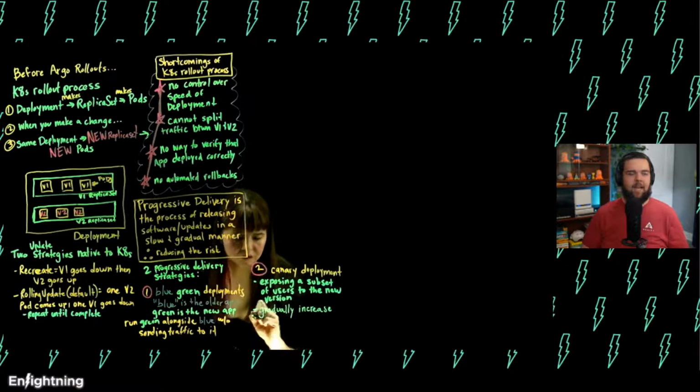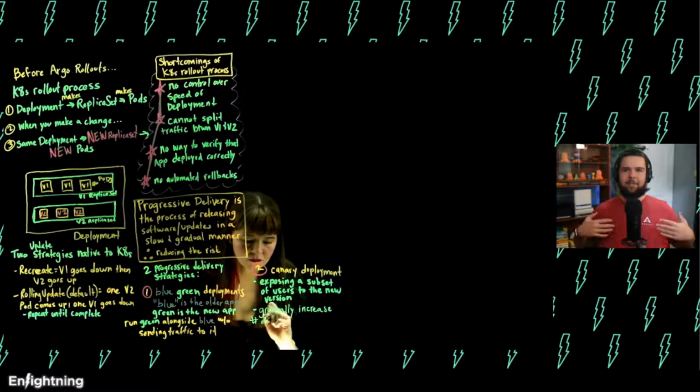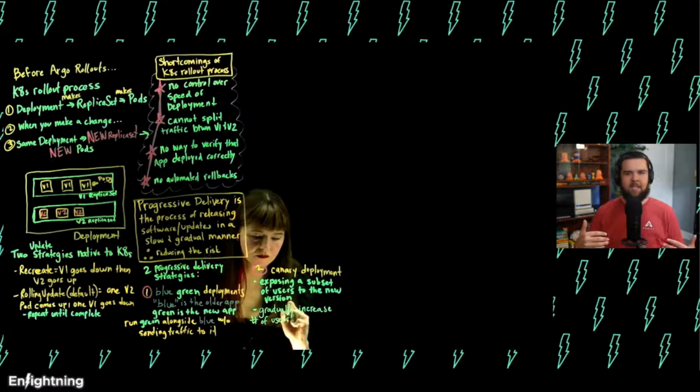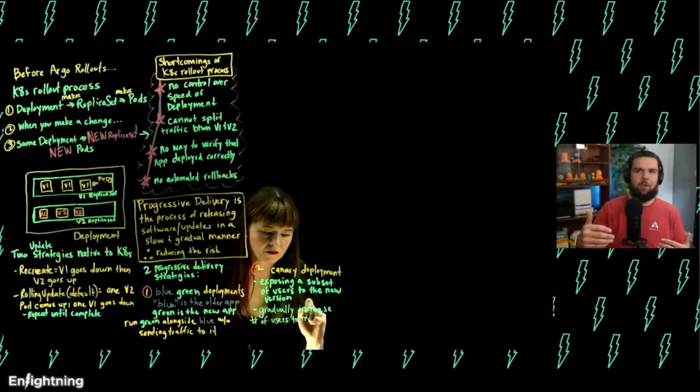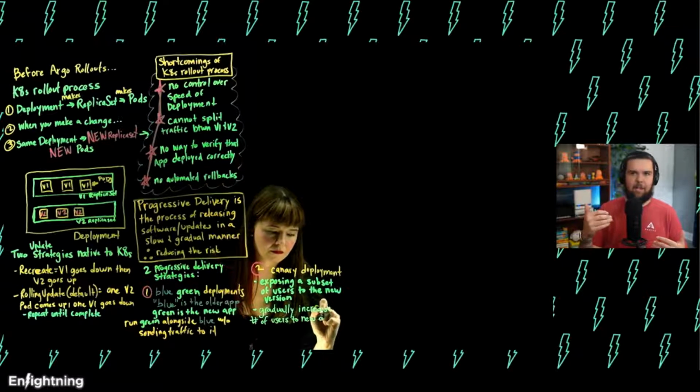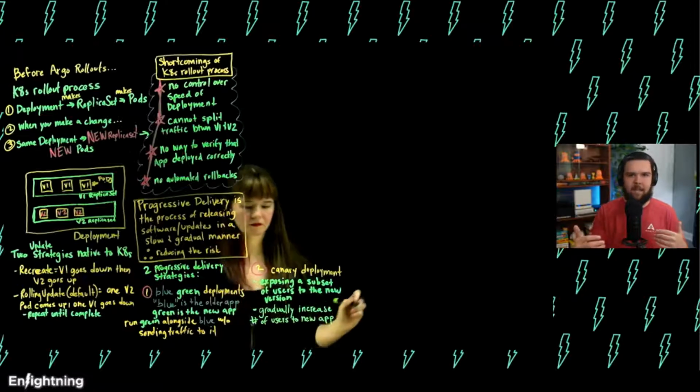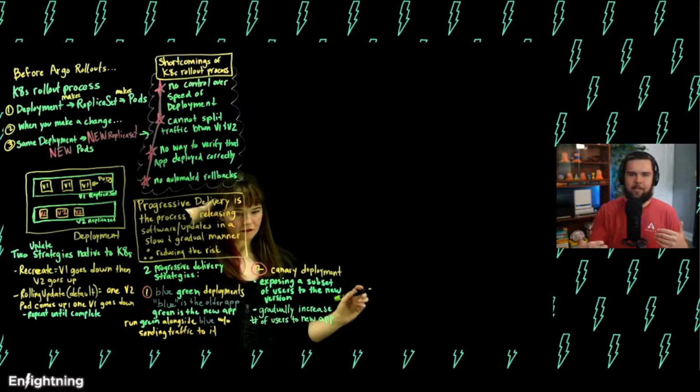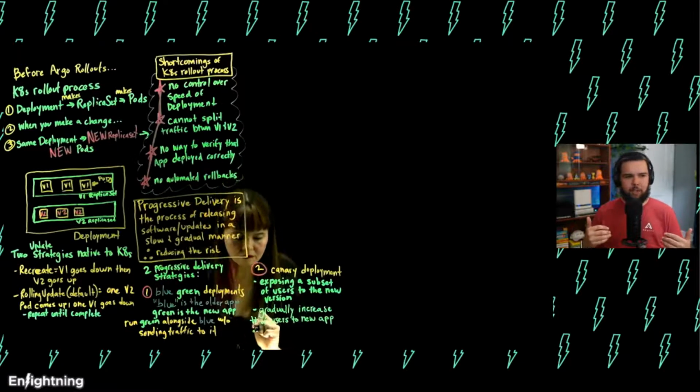And during that progression of steps, typically in each step, you want to start analyzing, okay, what's happening to that 5% of traffic, that 25% of traffic that's going to my new version.